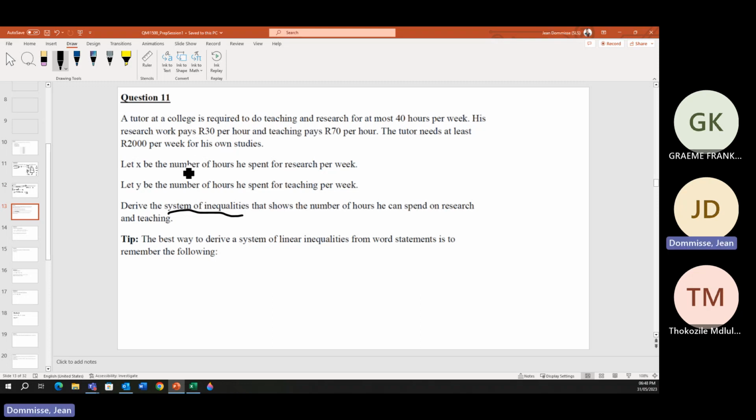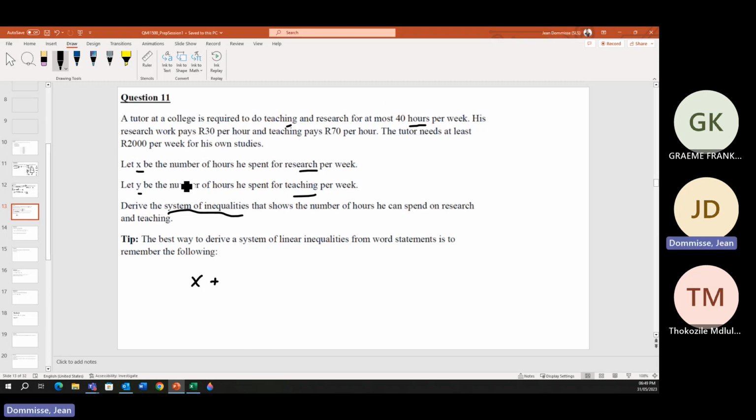They will probably say let X be the time for research and Y be the time spent on teaching. So a tutor at a college is required to do teaching and research for at most 40 hours per week.